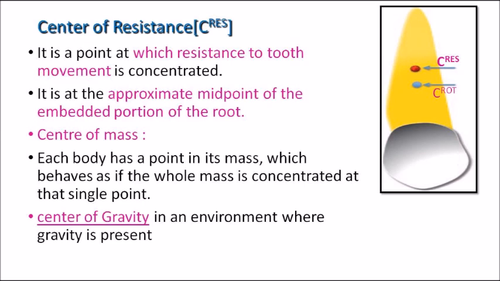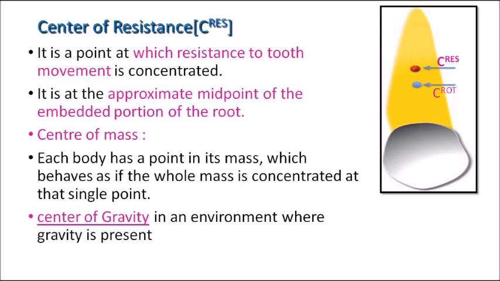Now coming to what is center of mass. Every body has a point in its mass which behaves as if the whole mass is concentrated at that single point. This point is referred to as center of mass. Now coming to center of gravity. Center of gravity is the center of mass of an object when it is in an environment where gravity is present.